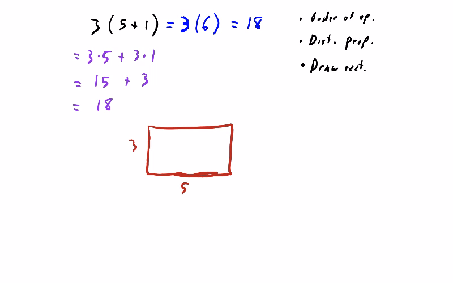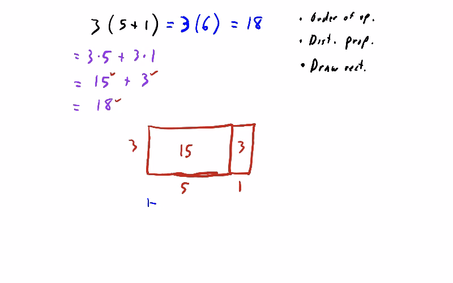Now I'm going to add on a rectangle that is 3 units tall, but only 1 unit wide. The first rectangle has an area of 15, corresponding to the 15 that I got from the distributive property, and the second rectangle on the right has an area of 3, corresponding to the 3. And when I add those together, I'll get a total area of 18.